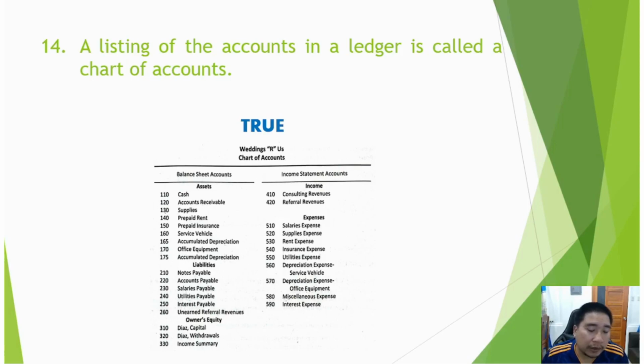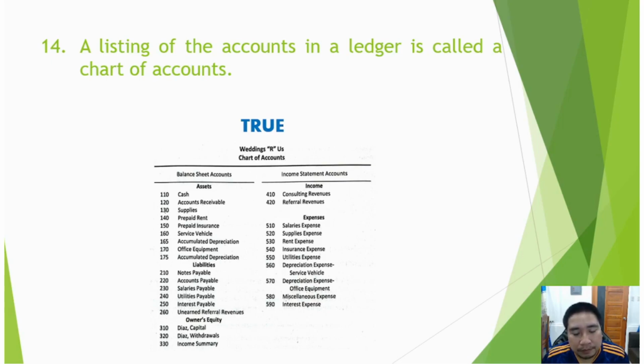And the chart of accounts is most of the time exclusive to the business. What I mean by that is the terms that you use for your account titles or your account names are customized to the nature of your business. So my chart of accounts for my business might not be the same as the chart of accounts of your own business, especially if we have different types of businesses and we're in different industries.